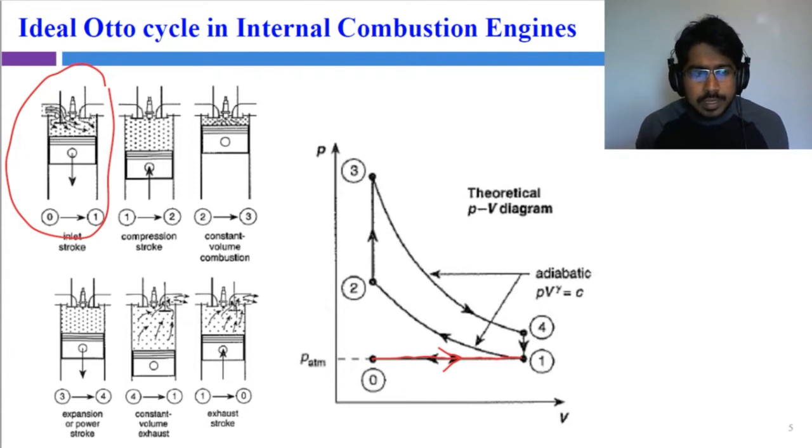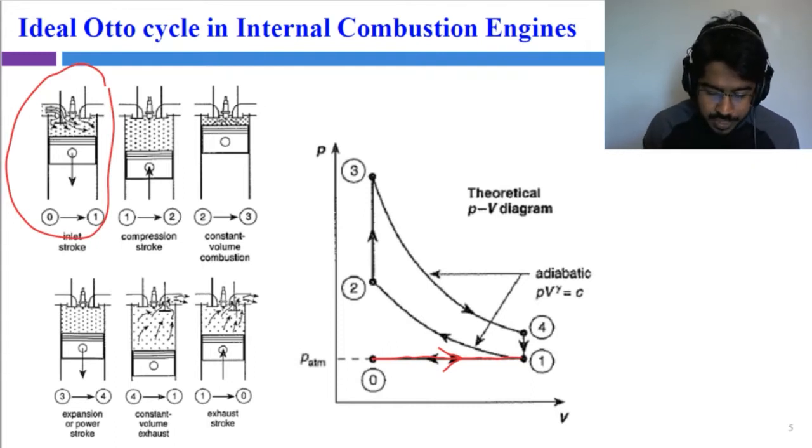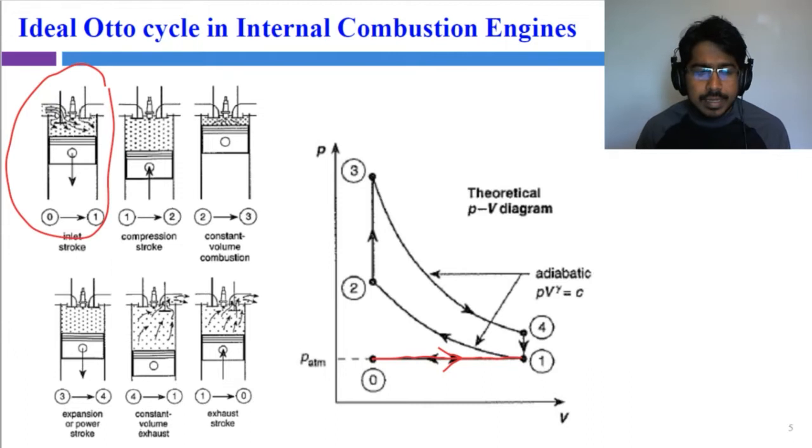But in a closed space, if we reduce the volume, we definitely know that there's a pressure buildup. So the process from 1 to 2 is going to go in this direction as marked. But is it a straight line or a curved line? We have to determine that.